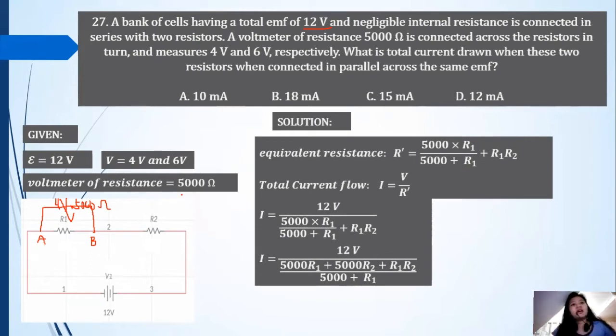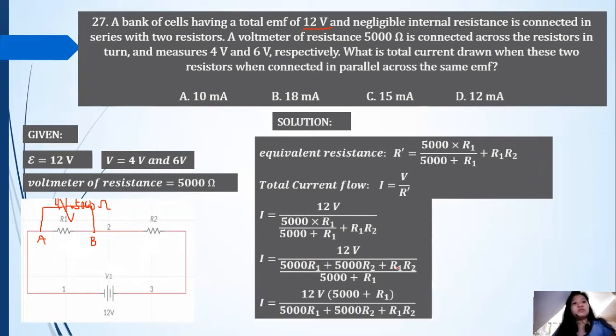Next is I is equal to 12 volts over. Since this is addition, we will get the LCD, or the denominator for both, which is 5,000 plus R1. So the numerator for the denominator side is 5,000 R1 plus 5,000 R2 plus R1 times R2.